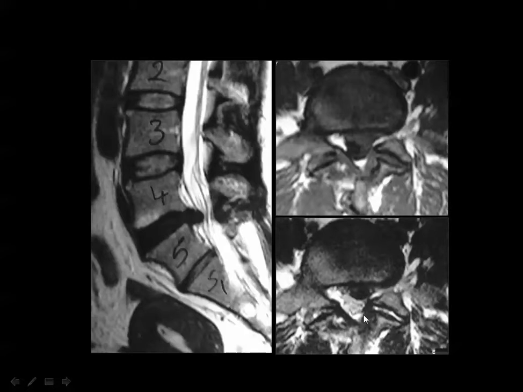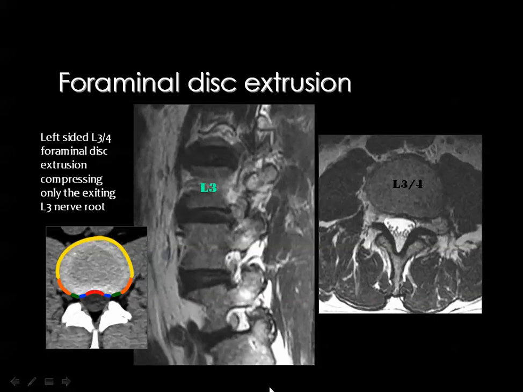And you need the axial images to know which side the disc is herniating, to the left, to the right, or in the midline. Then, disc herniation into the foramen can be diagnosed in the sagittal and in the axial images. In the axial images, you can see disc material obliterating the foramen. In the sagittal images, normally you see the foramen containing fat and the nerve root is in the middle.